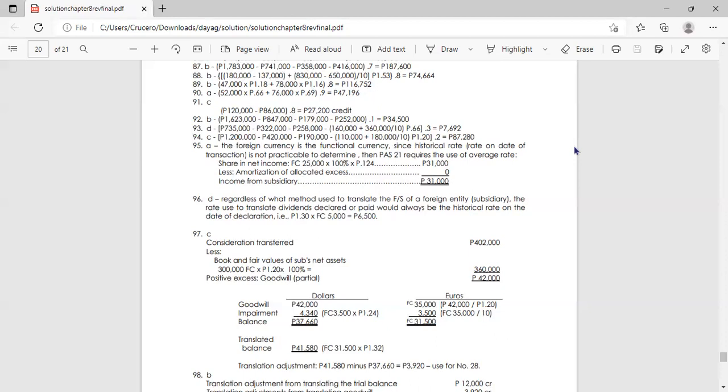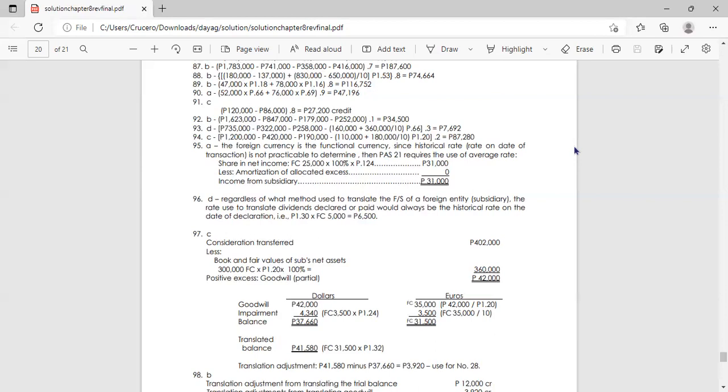A letter B, the answer is 74,664. With 180,000 minus 137,000. So 180,000 minus 137,000, there's a difference of 43,000.